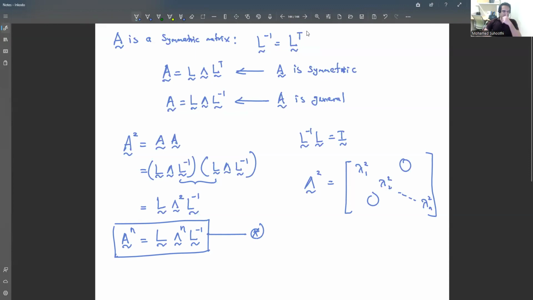Otherwise it is very difficult. A cubed means A into A into A, so first you have to multiply the first two, then multiply again. But through the spectral decomposition theorem, we can easily calculate. And if A is symmetric, it is even simpler: you can find L transpose, with no need to find L inverse.